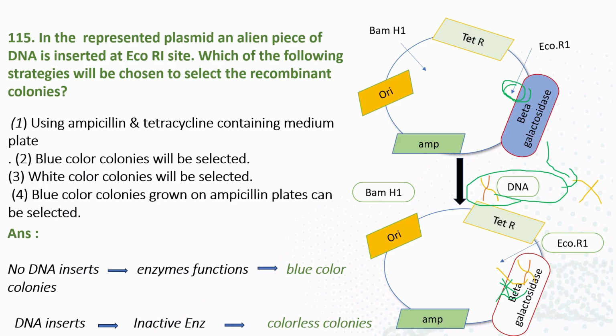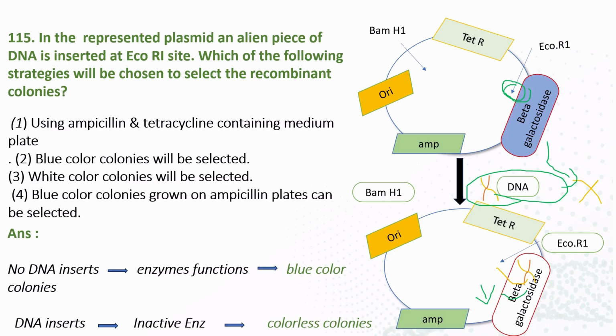That chromogenic substance is deactivated, so the colonies will turn white, meaning colorless. This DNA deactivates the beta galactosidase enzyme when it is attached here, so obviously the colonies are deactivated. Like that it will happen.